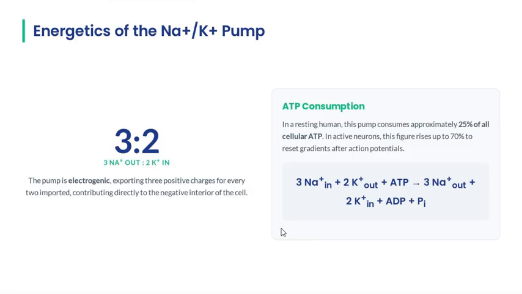And this requires ATP consumption. In a resting human, this pump consumes approximately 25% of all cellular ATP. And in active neurons, this figure rises up to 70% to reset gradients after action potentials. You can pause the video here to look at this, but I'm going to move on.